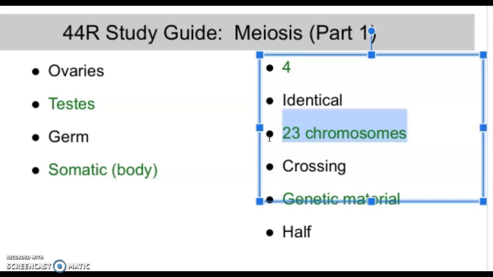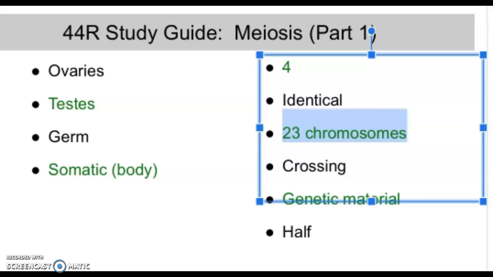And it makes sense because if you merge an egg and a sperm, it's 23 plus 23, which is 46, which is essentially the amount of DNA or chromosomes found in a body cell, which eventually will turn into a human baby, right? A fetus and then a baby.